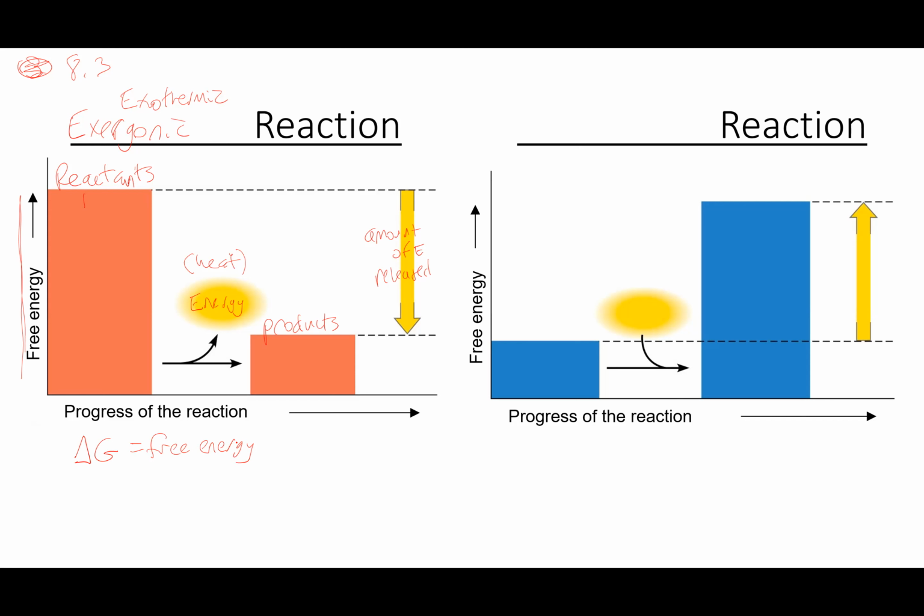So this reaction has a net release of delta G. And again, an example of this is cellular respiration. Breaking those chemical bonds will release, in this case, adenosine triphosphate, which is cell fuel, which we'll talk more about next chapter.